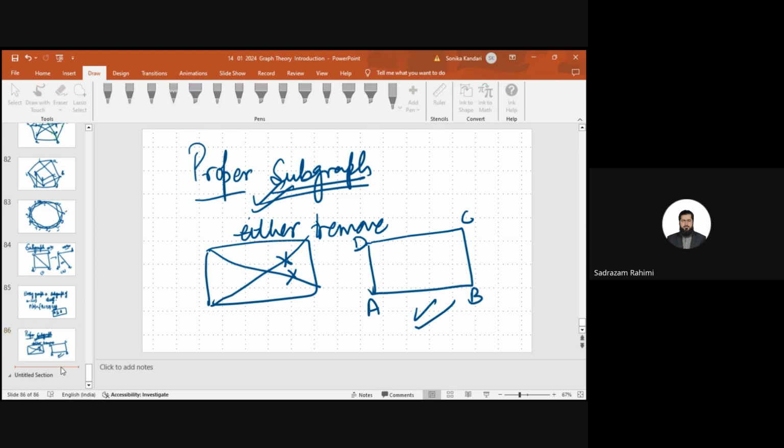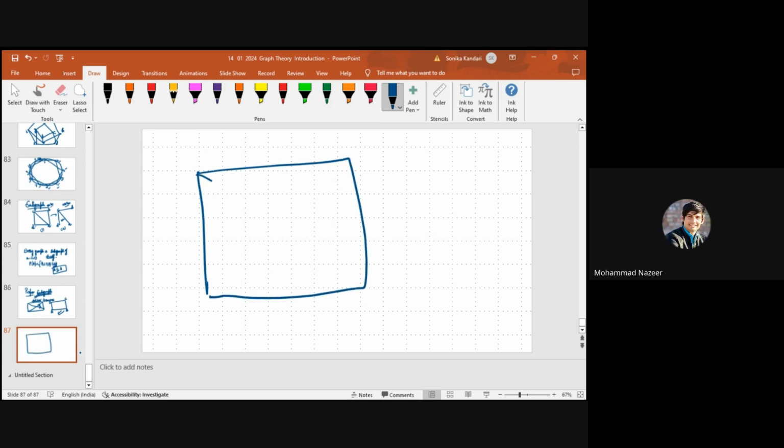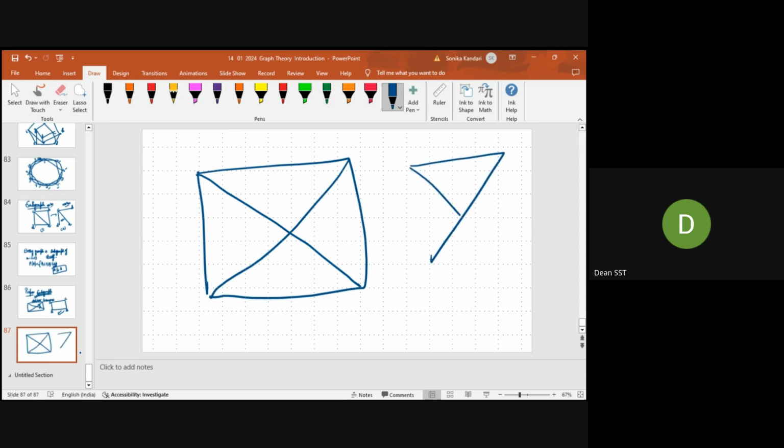Then there can be another case. For this graph, I can form a subgraph like this. This can be a subgraph: A, B, C, D. Fine.